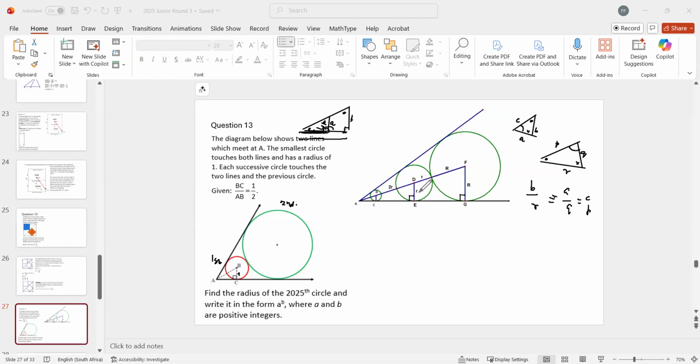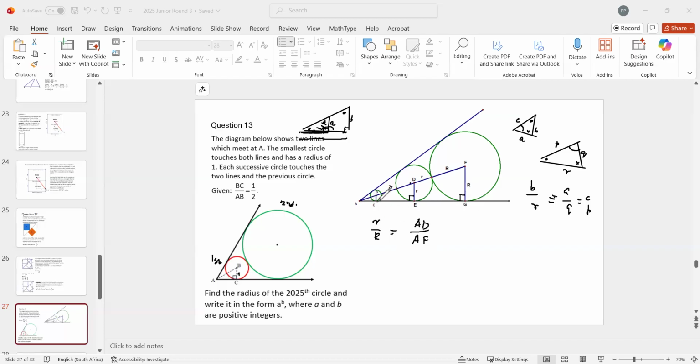So bearing that in mind, I can have the following. I want to find this capital R in terms of r, but you can see I've got r, there it is. This height over that height is equal to this whole thing, AD over AF. That's the hypotenuse of the small triangle over the hypotenuse of the large triangle. But now, can we find these in terms of small r?